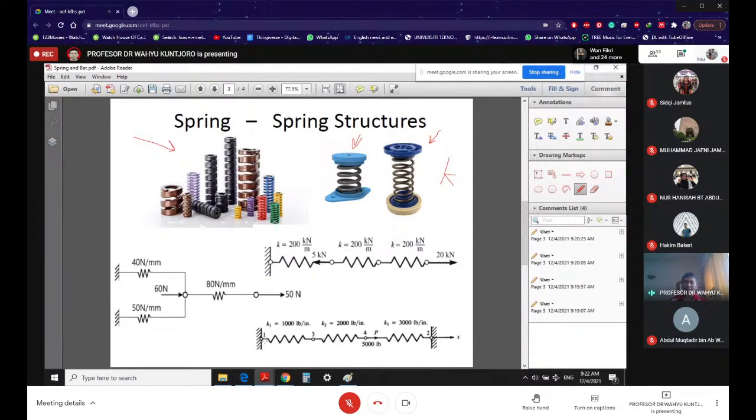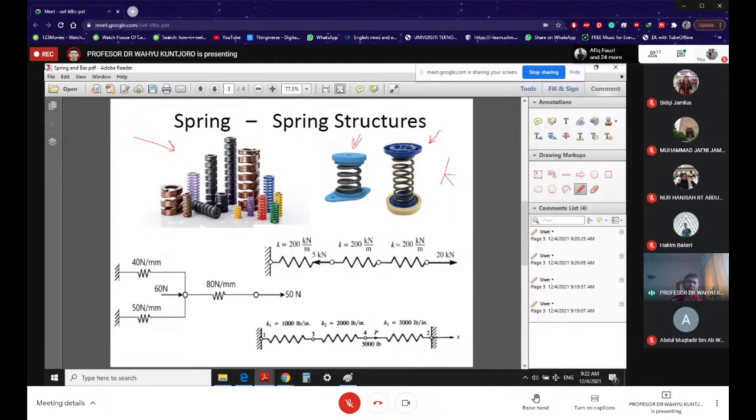At the bottom here, the support is at the left and right ends. So now we have a different boundary condition. And the force is being applied at the connection between the spring in the middle and the spring on the right.